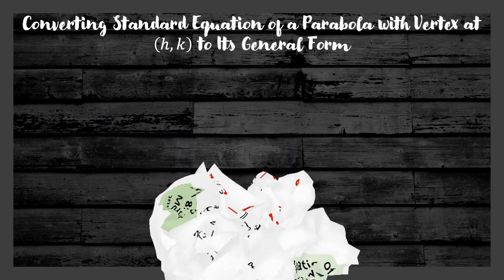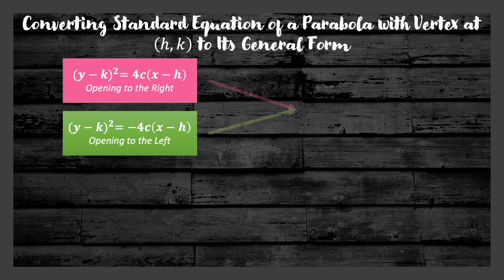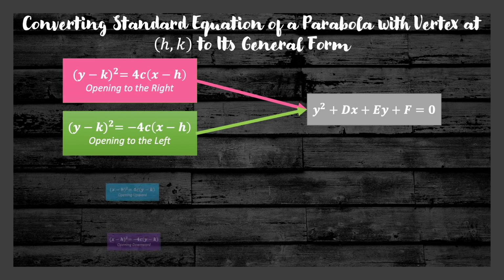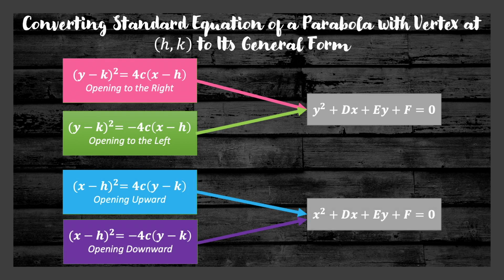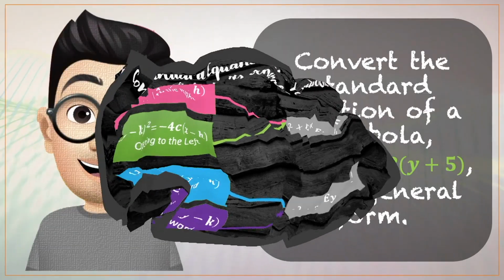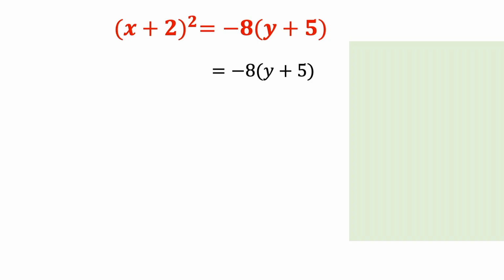For our last example, we will learn to bring back the standard equation of a parabola with vertex at h, k to its general form. Let's convert the standard equation of a parabola quantity x plus 2 squared equals negative 8 multiplied by the quantity y plus 5 to its general form.